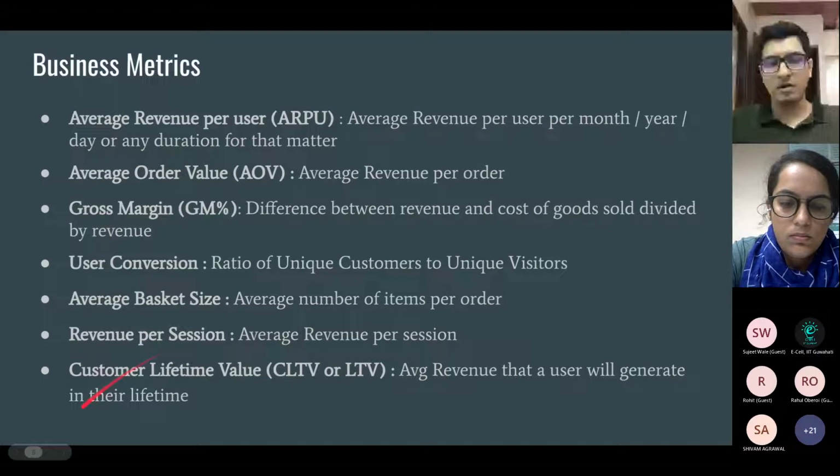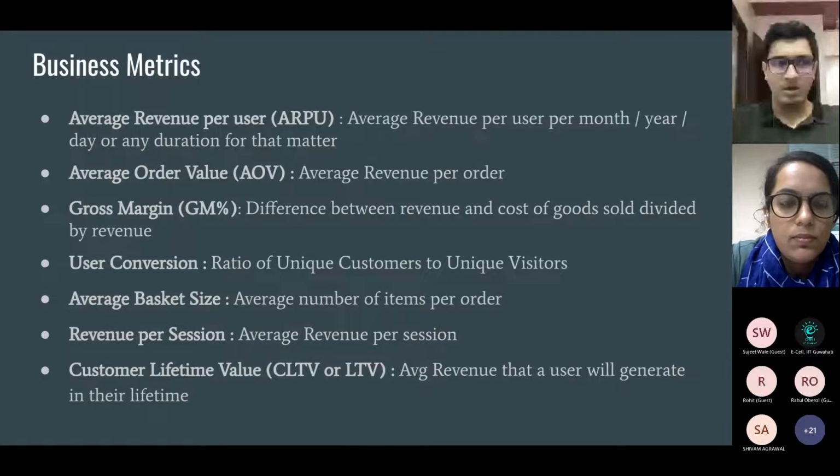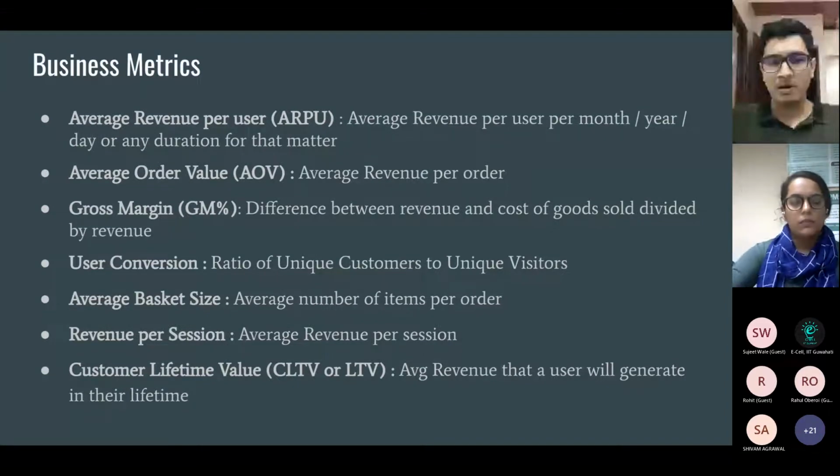And a lot of companies use, I'm sure you would have read this, customer lifetime value. Typically, for a product or PMF to occur, your cost of acquisition should be less than customer lifetime value. And what is customer lifetime value?